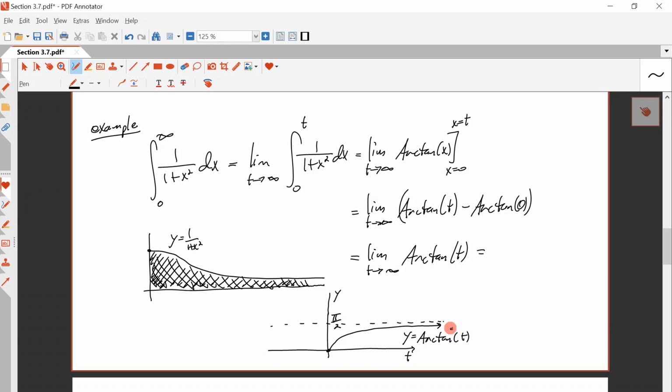So this limit is equal to just pi over 2. And so that is the value of the integral, which is the shaded area shown here. Okay, so arctangent of t goes to pi over 2, so the integral converges because you got an answer. It's not that you didn't get an answer or that the answer was infinite.